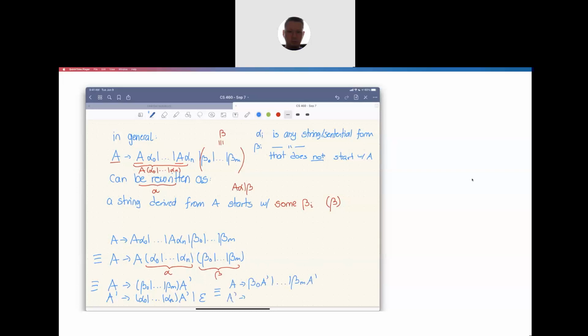A prime is alpha 0 A prime dot dot dot alpha n A prime or epsilon. So that's the general rewriting.